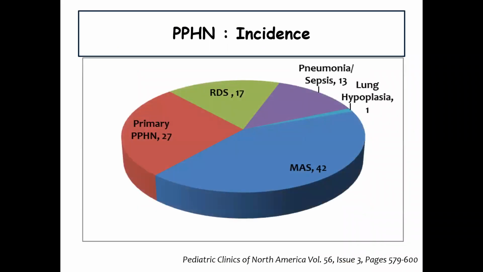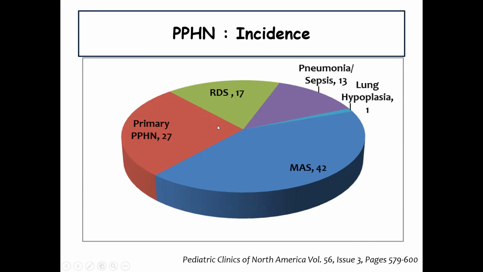And if you look at the breakup of causes, the etiology for PPHN overall, around a fourth of all cases of PPHN tend to be associated with idiopathic or primary PPHN, where there is no associated parenchymal disease, whereas up to 42% of cases of PPHN can be related to meconium aspiration syndrome.